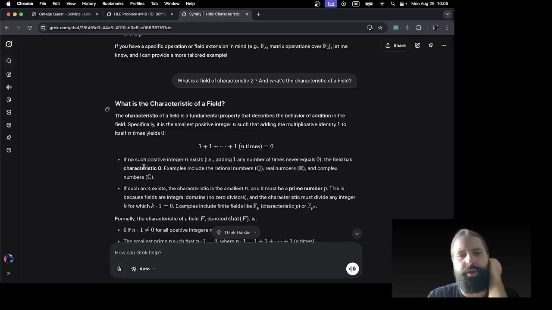If no positive integer n exists, the field has characteristic 0. If such an n exists, it must be a prime number, because fields are integral domains with no zero divisors.